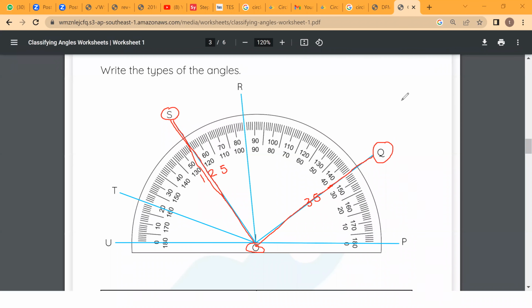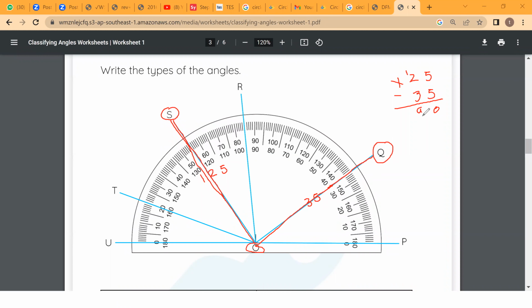So what is the difference between 125 and 35? 5 minus 5 is 0. 12 minus 3. What is 12 minus 3, class? 9.